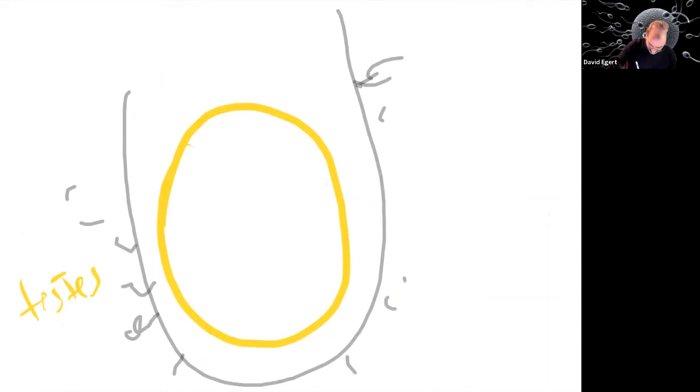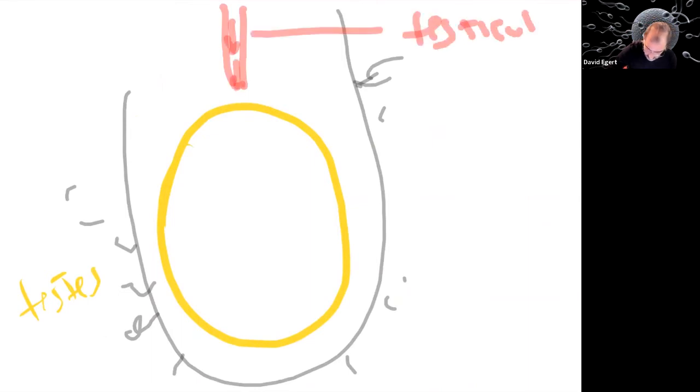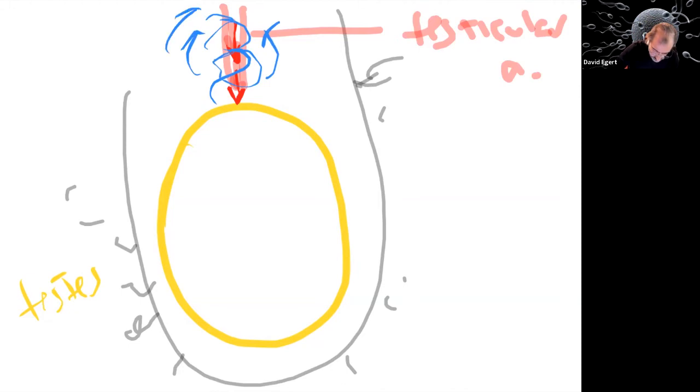If you look at the artery coming down, it's sending the blood down into the testes. The vein that is returning, they call it the pampiniform plexus. The veins create this big network that surrounds that.